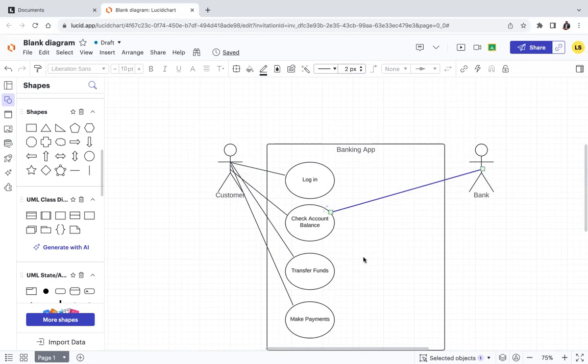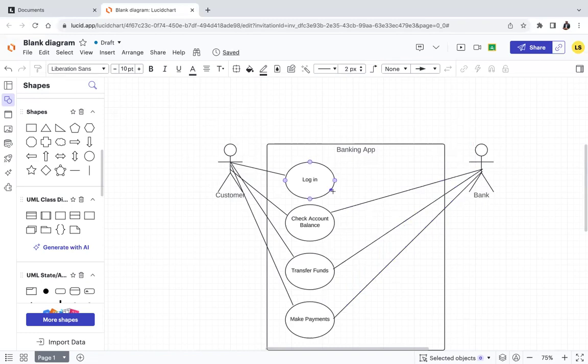Then transfer funds. Okay. Then we also do the same.